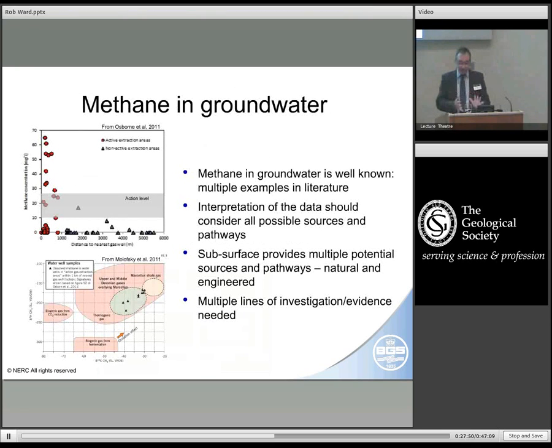Now looking at methane and groundwater and thinking about how we might use some of these tools, the graphs on the left are taken from some of the literature we've already heard about. The top one from the Osborne paper and the bottom one from the paper by Malofsky. To explain the graph, we have concentration of methane on the left axis, and at the bottom we have distance away from the nearest gas well.